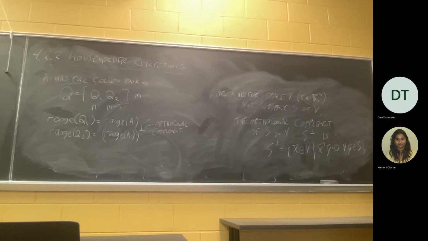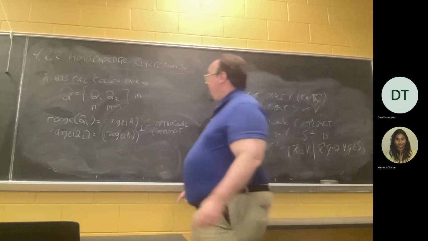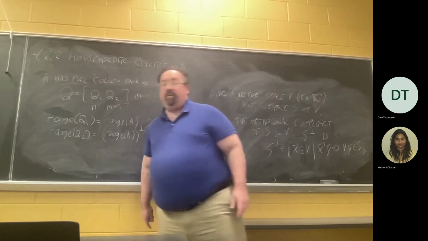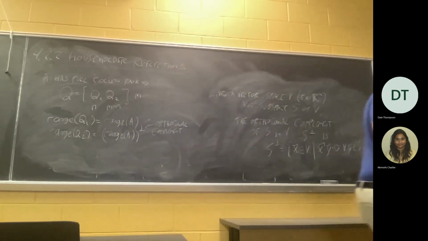If you impose that kind of condition, you can at least get a uniqueness result for the first n columns of Q. But that uniqueness may not carry over to these other columns. You're dealing with orthogonal complements, and they're orthogonal to every column of A, but that's the only property they have to satisfy. Plus these columns are orthogonal to each other.